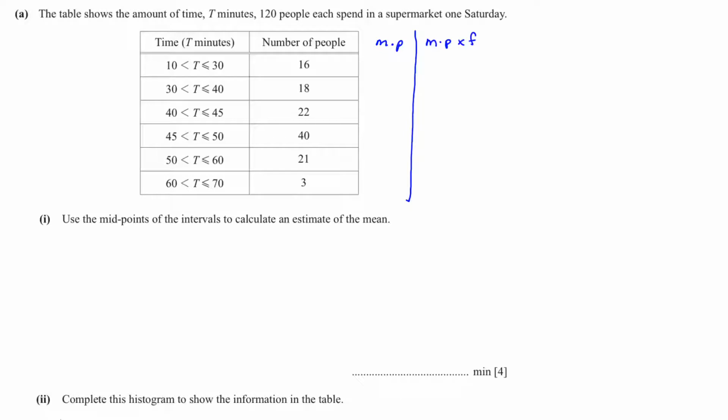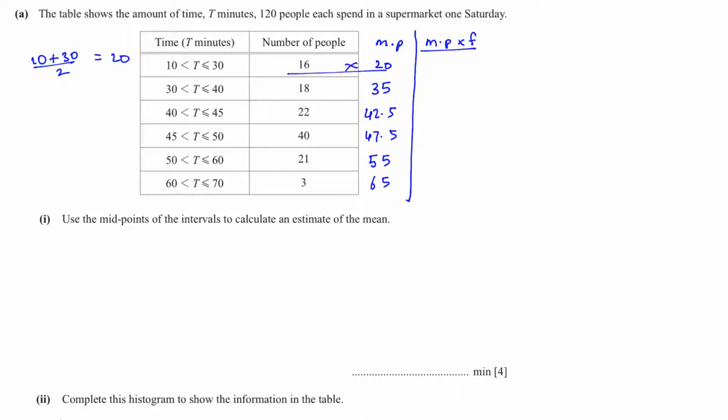To find the midpoint, add the two numbers. So we have 10 plus 30 divided by 2. That will give you 20. That's your midpoint. Do the same for each interval. 45 plus 50 divided by 2 is 47.5, 55 and 65.